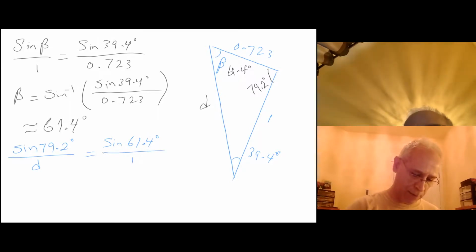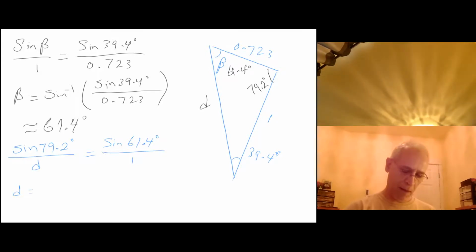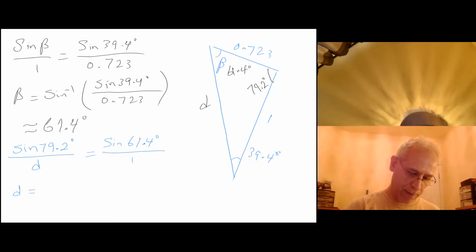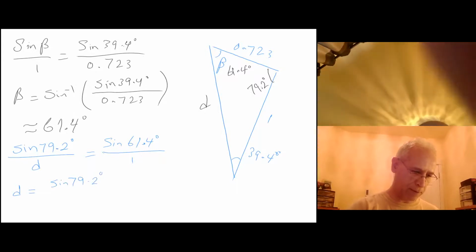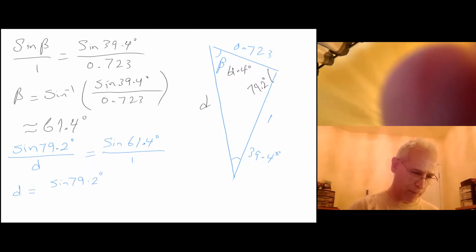So d equals sine of 79.2 degrees divided by sine of 61.4 degrees.